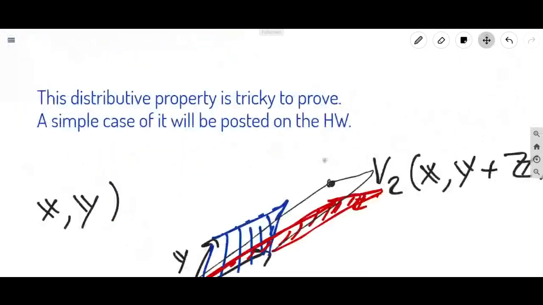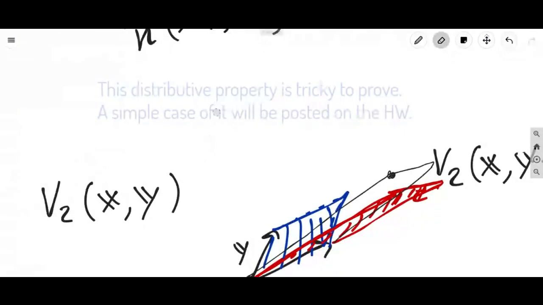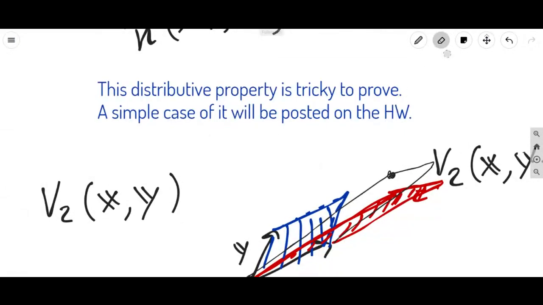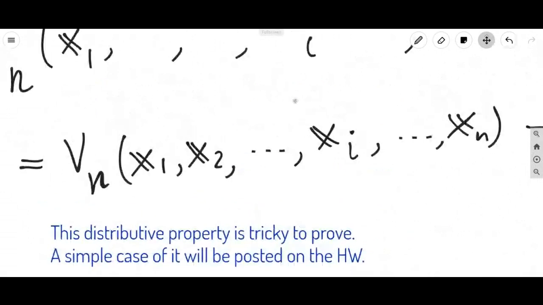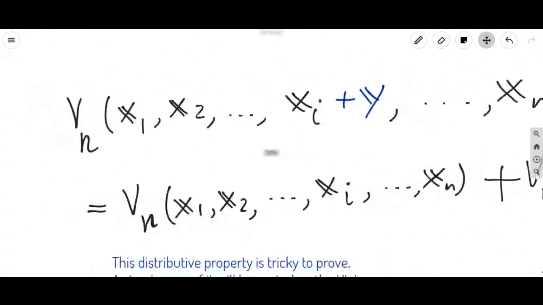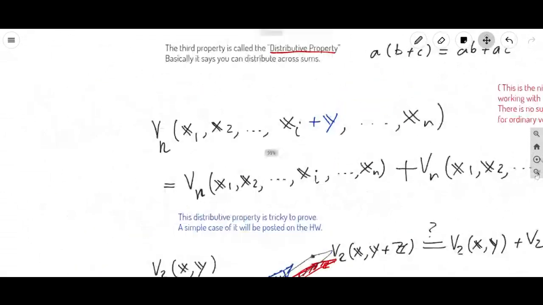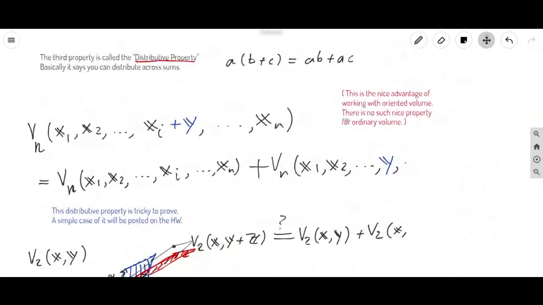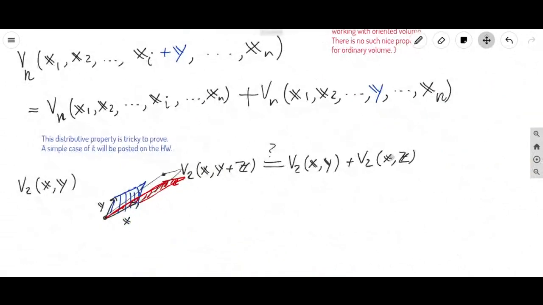So on the homework, I will give you some idea about how to make this work, but that's basically the distributive property, that it says that you can distribute it in on each of the pieces.